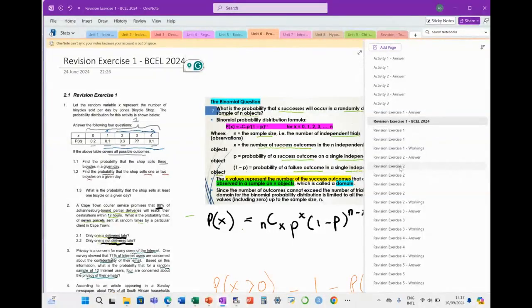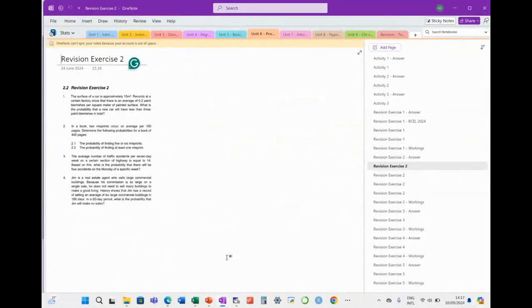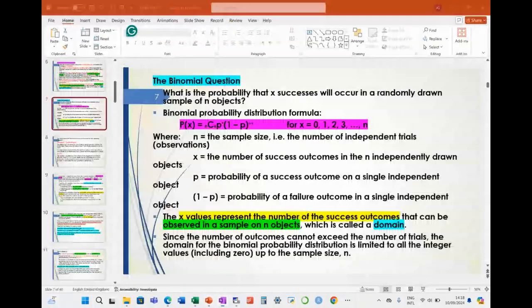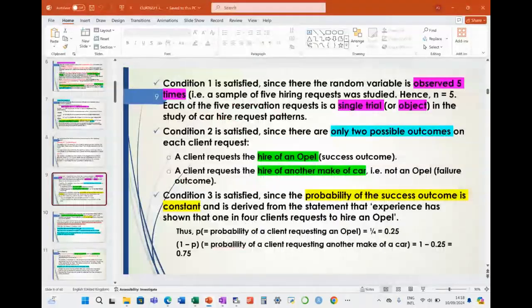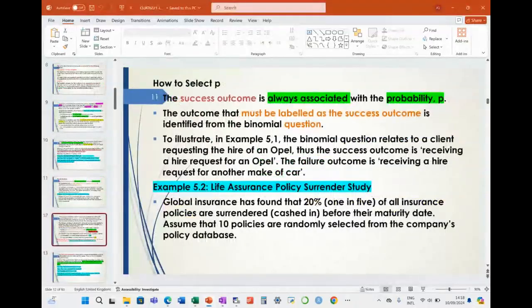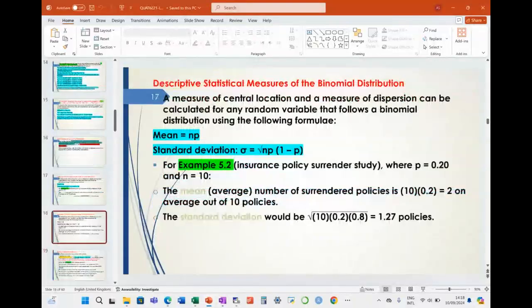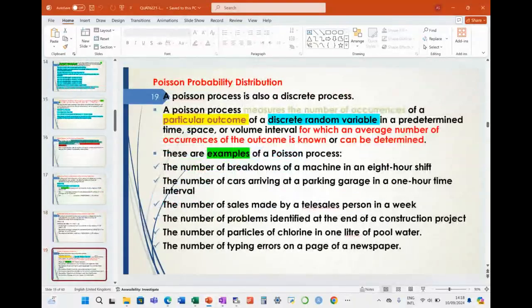Okay, so then we want to go to revision exercise 2. Just in the interest of time, I will just tell you that here the formula they're using is now the one that you mentioned earlier. Poisson. Yes. So now I'm just trying to retrieve the formula.